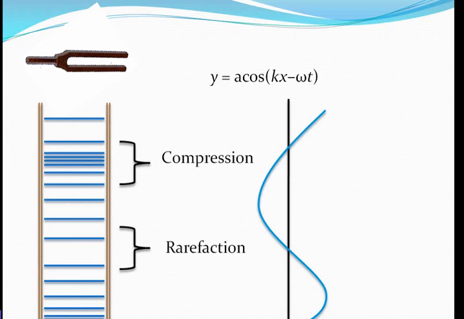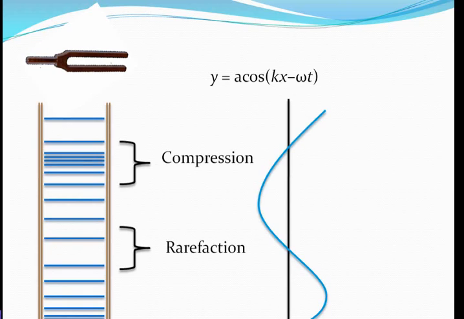Now we had studied the case of longitudinal waves, and also defined a pressure amplitude. The pressure also changes along with the displacement of the particles. We had discussed this earlier. When there is a compression, there is high pressure. When there is a rarefaction, there is low pressure. So delta P, the pressure change at any point along the wave, also changes. And we had also discussed that this pressure change is at a phase angle pi by 2 compared to the displacement change.